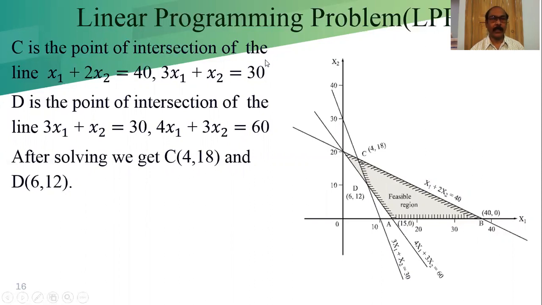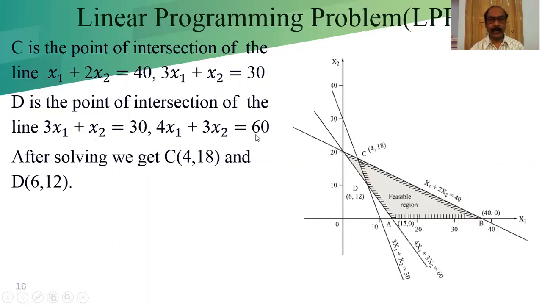C is the point of intersection of the lines x1 plus 2x2 equal to 40 and 3x1 plus x2 equal to 30. By solving this, we will get the intersecting point, 4, 18, and D is the intersection of the lines 3x1 plus x2 equal to 30 and 4x1 plus 3x2 equal to 60.